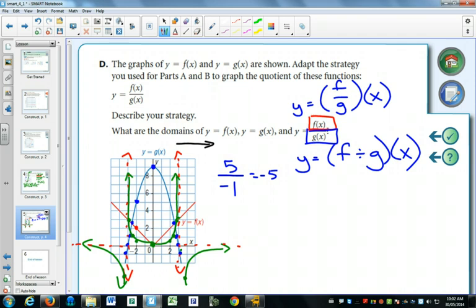Yes? Can you see that the blue graph will always be negative? And if you have a positive number divided by a negative number, you will always get a negative number. So that's the first thing that I can tell for sure, that in both of these sections on the outside, my graph is going to be below the x-axis.